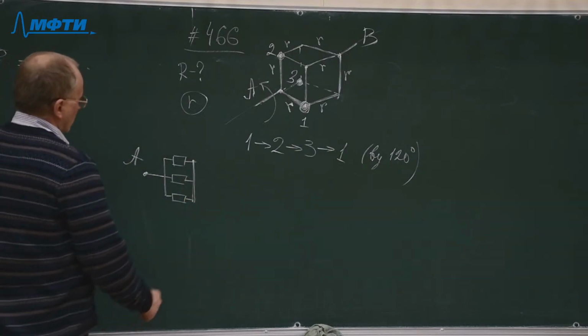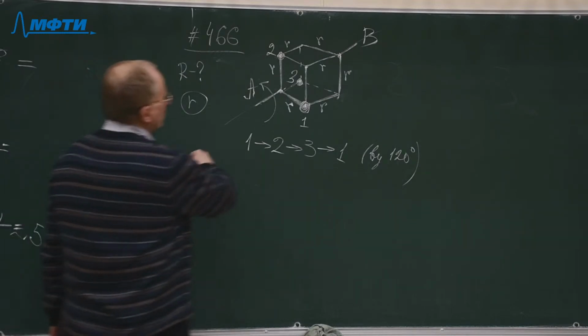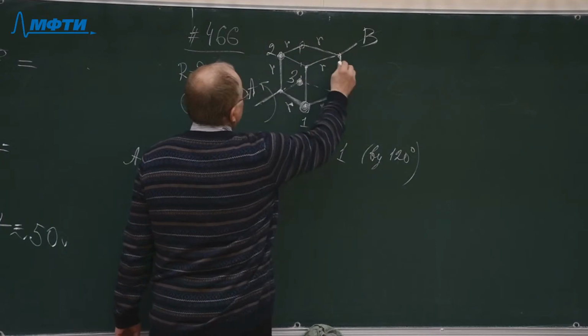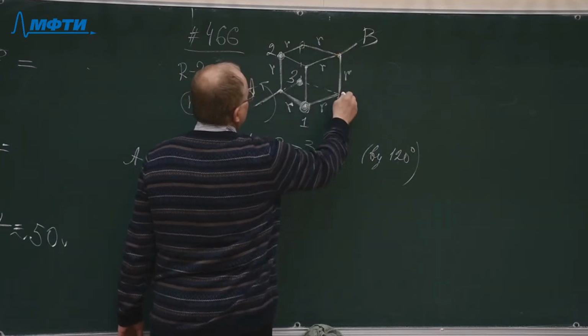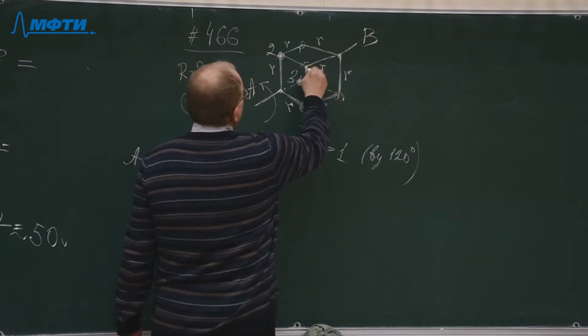And the same thing is true for the other 3 vertices which are closer to point B, this one, this one, and this one.